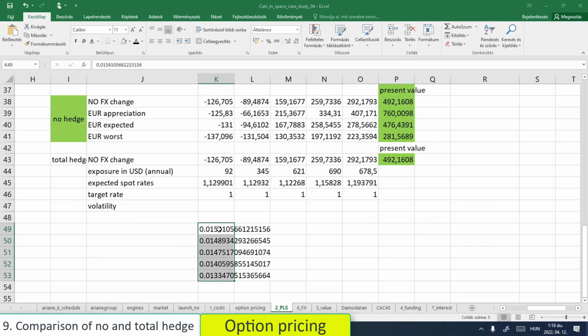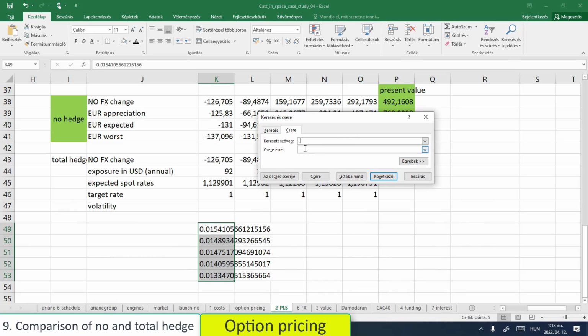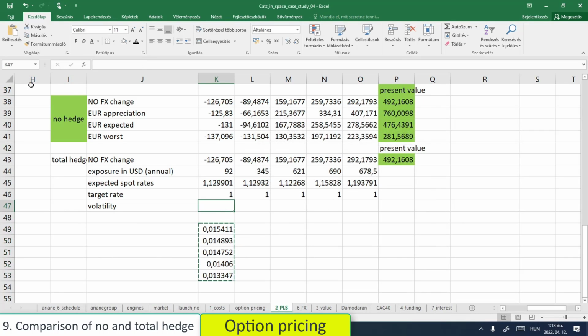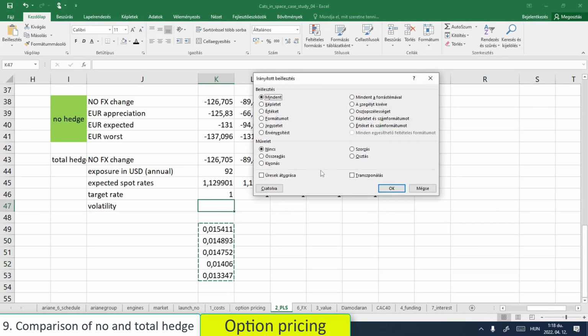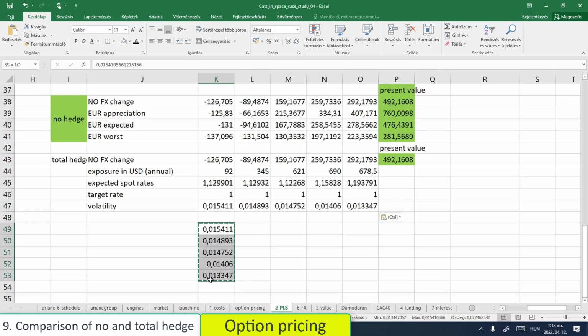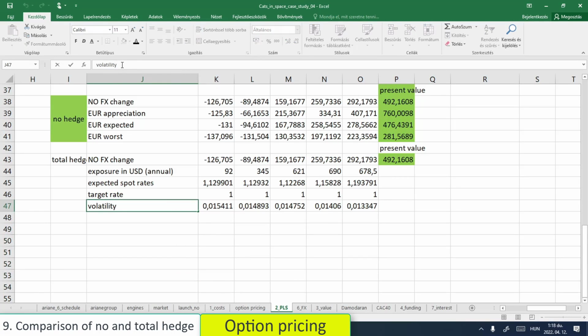Let's paste it, let's change the stupid decimal points to decimal commas to make it edible for Excel. And now we have volatility, standard deviation.